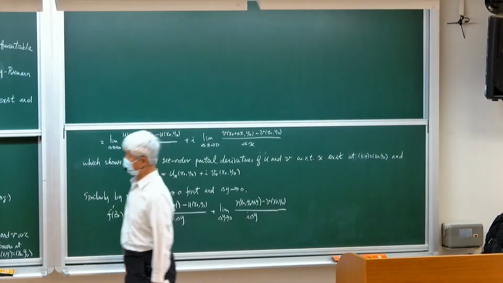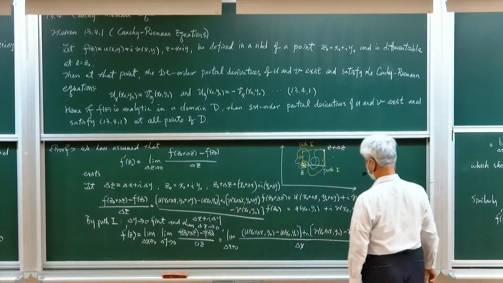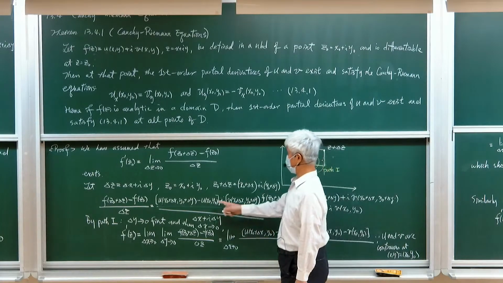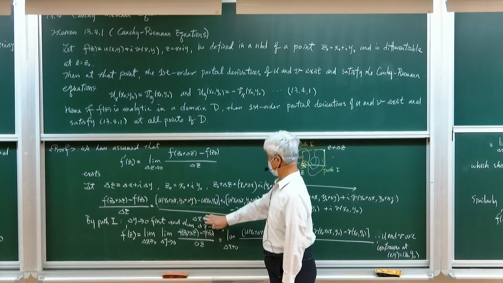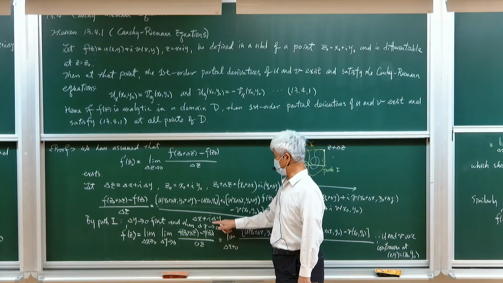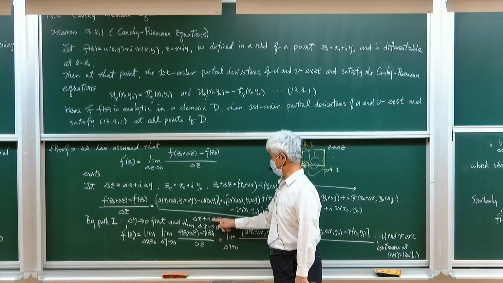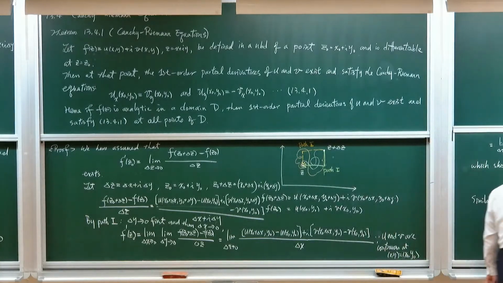Because when we take delta x to 0 first, the denominator becomes i delta y here.